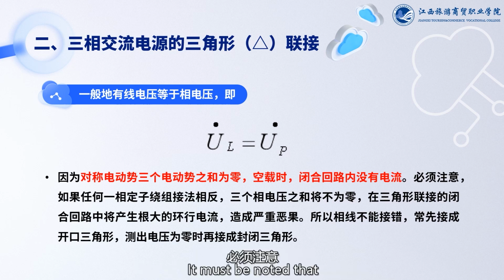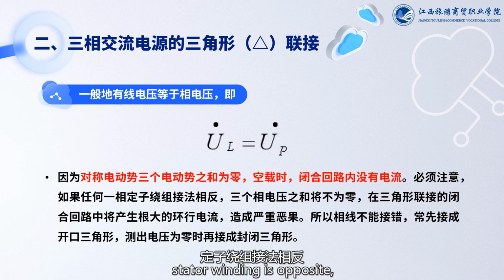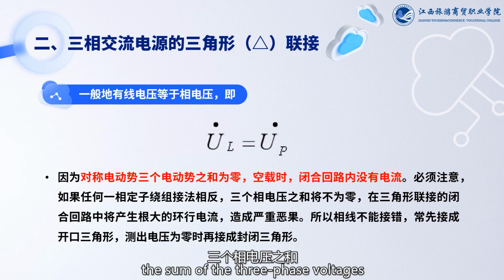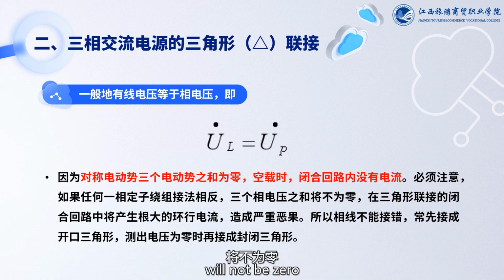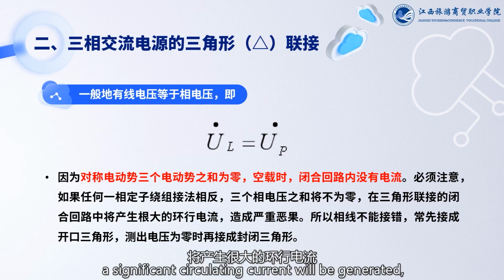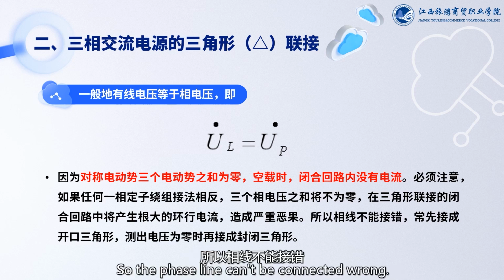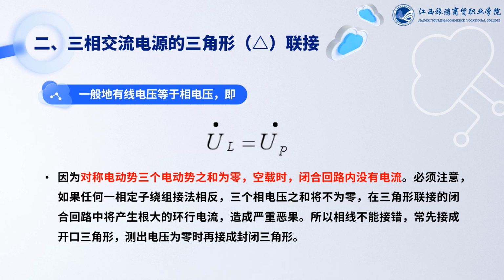It must be noted that if the connection of any one-phase stator winding is reversed, the sum of the three-phase voltages will not be zero. In the closed loop of the triangle connection, a significant circulating current will be generated, leading to serious consequences, so the phase lines can't be connected wrong.